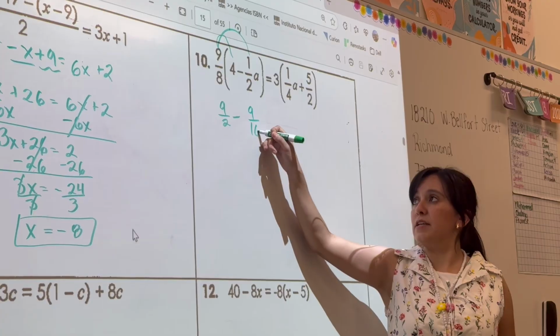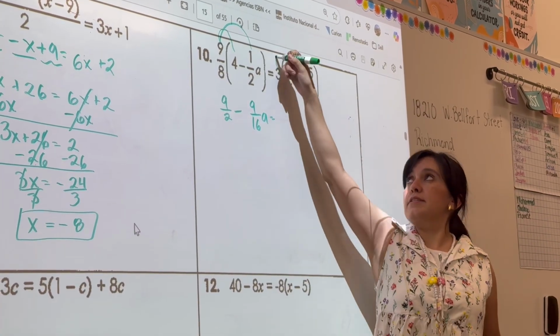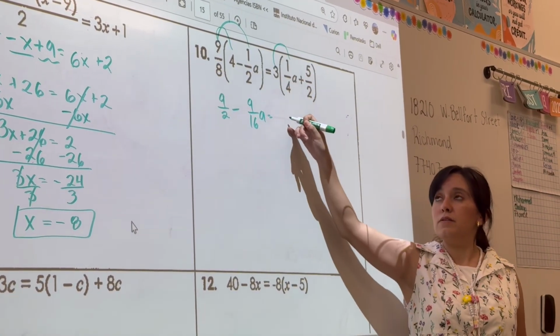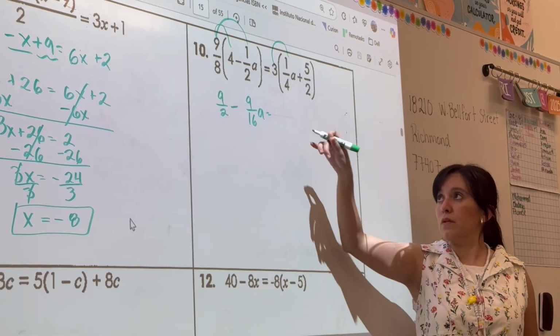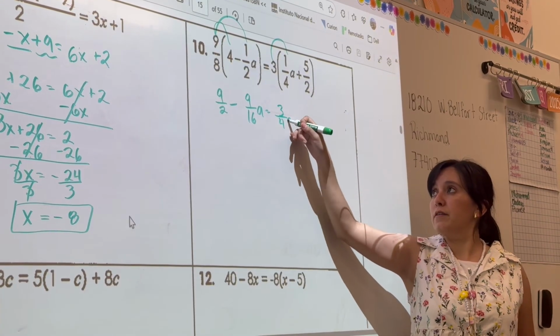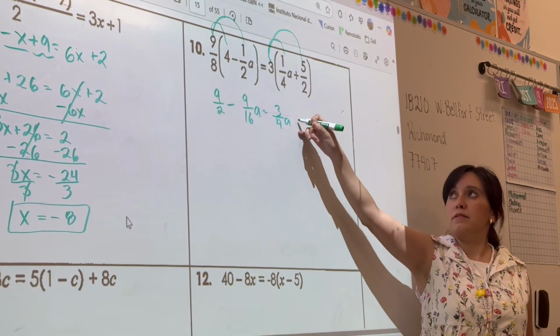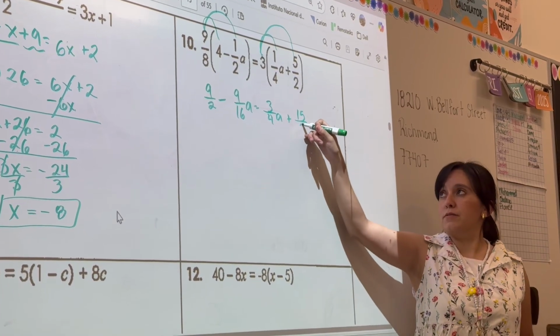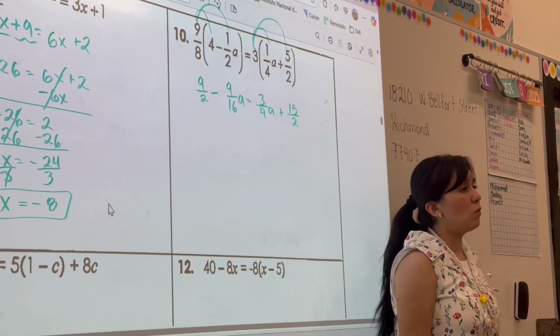Negative 9 over 16a equals this times this, 3 over 4a, and this times this, 15 over 2. Then, what can we do?